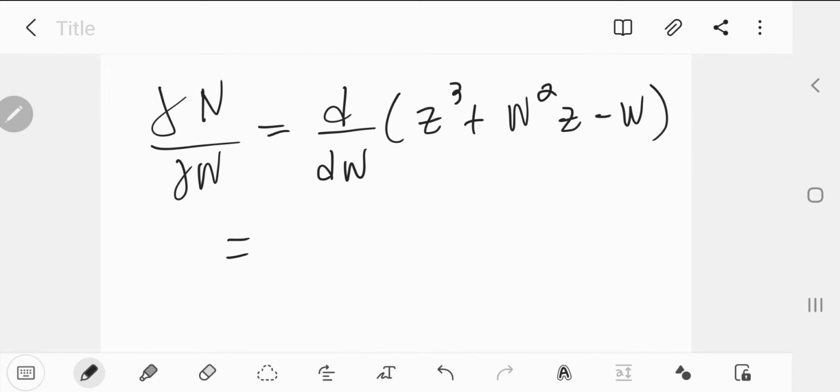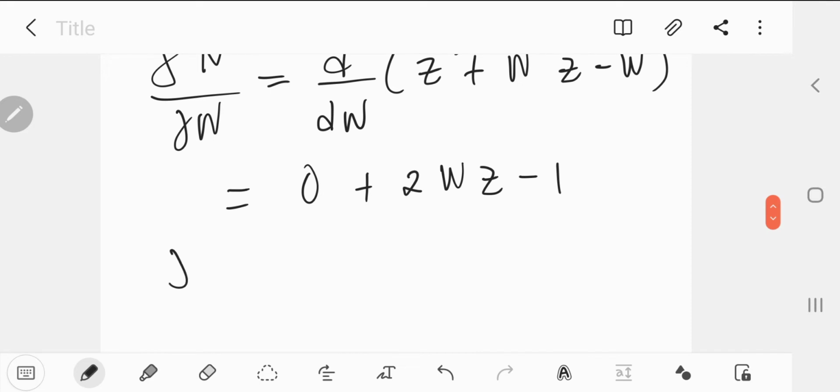The partial derivative of z cubed is 0 because it is considered a constant. For w squared z, considering z as a constant, the derivative of w squared is 2w, so we have plus 2wz. The derivative of w is 1, so we have minus 1. So the partial derivative of N with respect to w is 2wz minus 1.